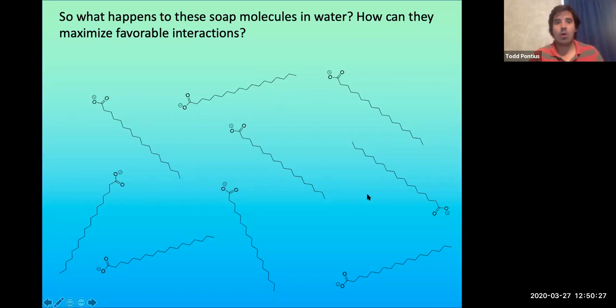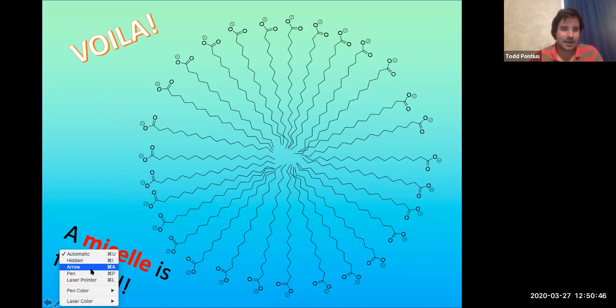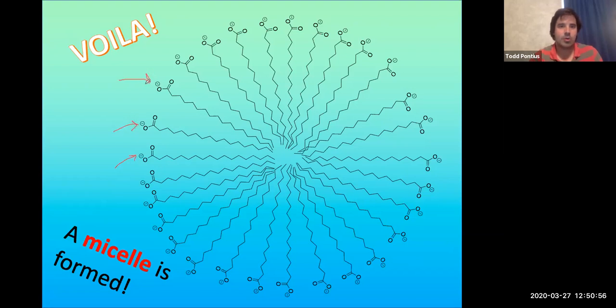So here we have a whole bunch of these soaps together. They will spontaneously form what's called a micelle. So assemble, assemble, assemble, assemble, and voila. What we get is this sort of motif, where you'll notice that on the outside, we have the charges able to interact readily with water. So we're assuming that water is swarmed around this structure here.